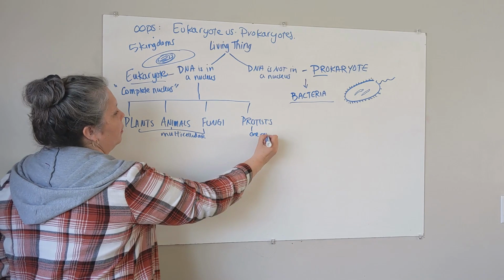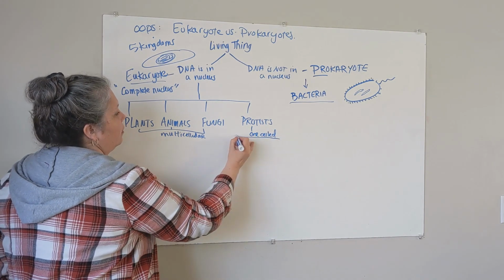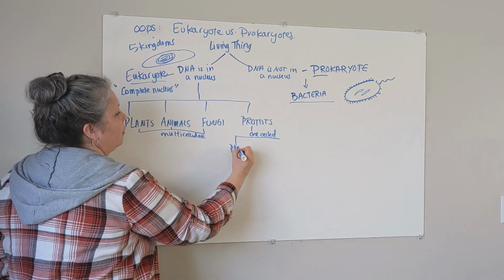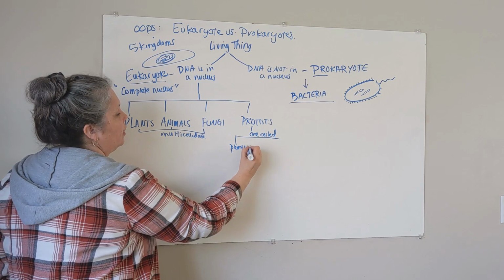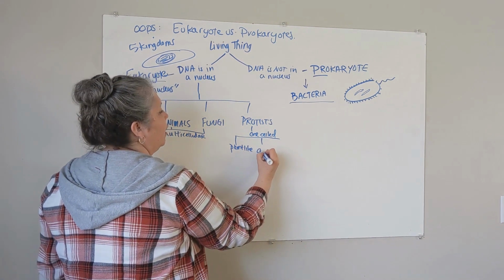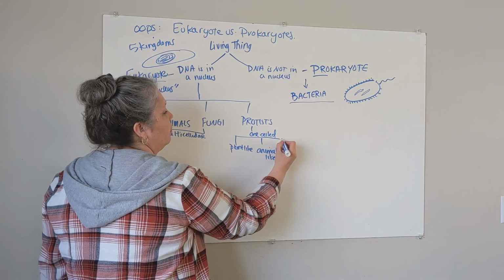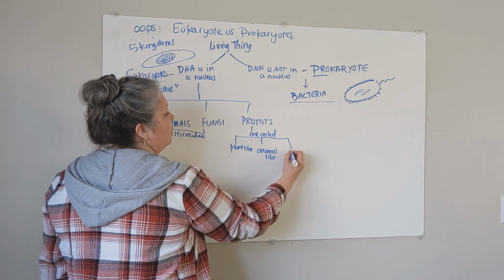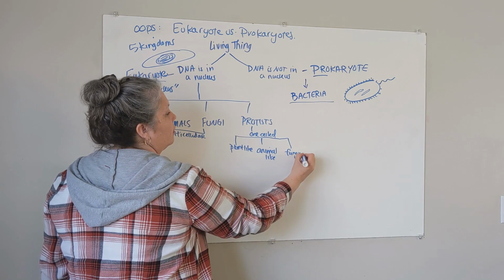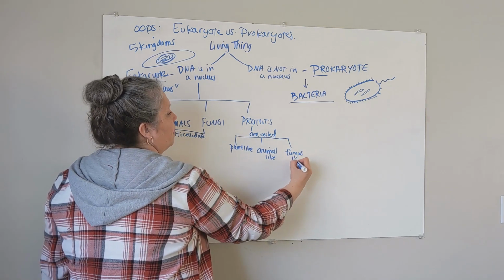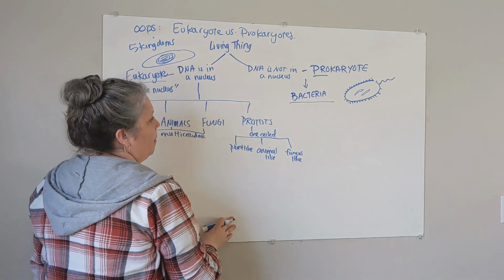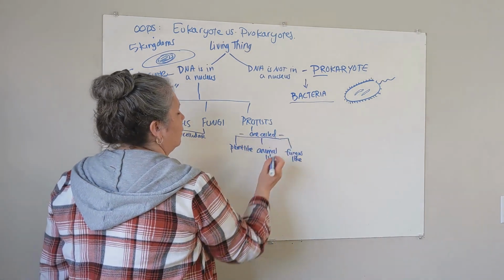Well, most of them are one-celled, and sometimes they are plant-like, which means that they can photosynthesize. Sometimes they're animal-like, which means that they have to eat, or they can move around, and fungus-like protists. These are usually one-celled.